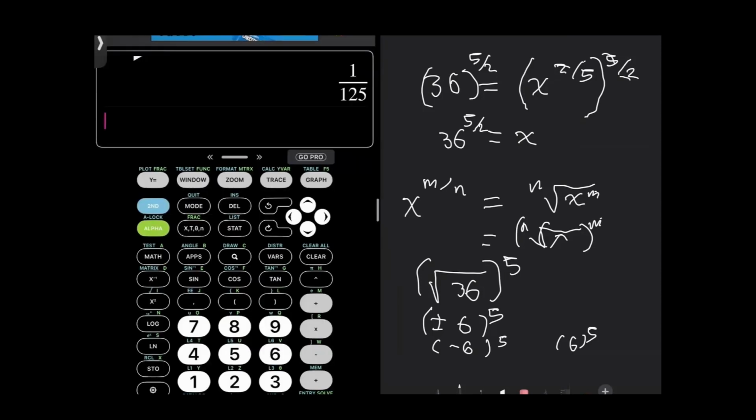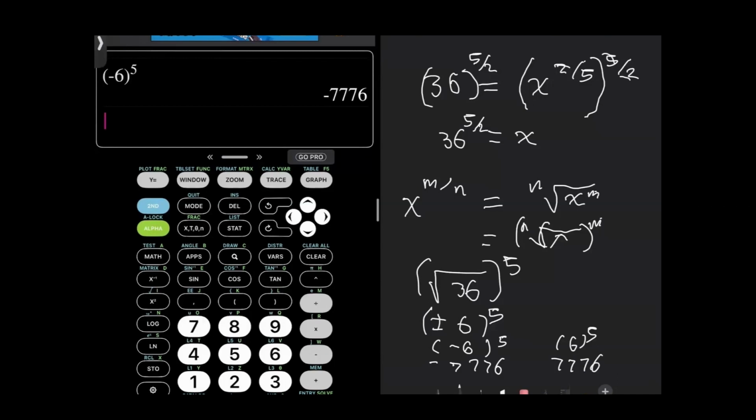So we're going to put parentheses negative 6 raised to the 5th, which is negative 7776. And then for this one, we'll have positive 7776.